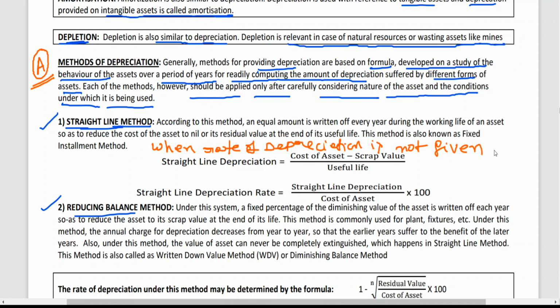When rate of depreciation is not given, straight line depreciation is equal to cost of the asset minus scrap value by useful life. Is this clear? That means when rate of depreciation is given, we need not calculate.